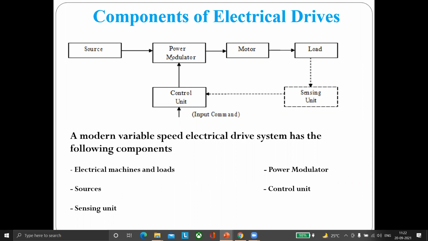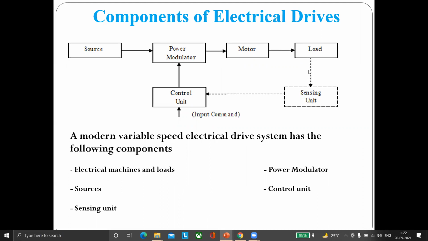So how the power semiconductor devices will be turned on and turned off is based on the designing of the controlling circuit. This controlling circuit receives signals as a feedback signal, as speed, voltage or current. This is the closed loop system, using the sensing unit, which may be a voltage sensor, current sensor, or speed sensor, and so on.